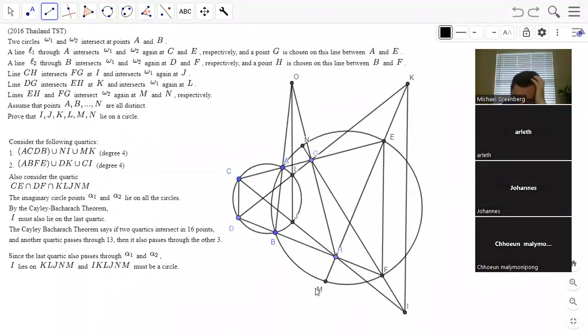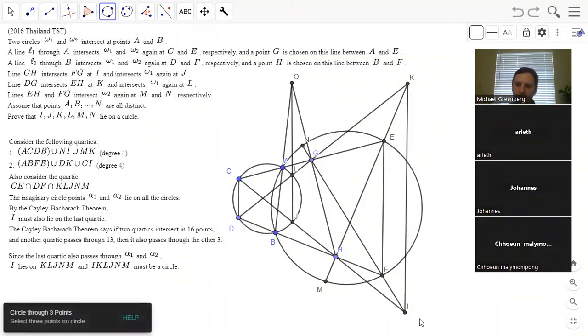All right, let's think about this for like 5 more minutes. Let's see if there's another special point on this circle.